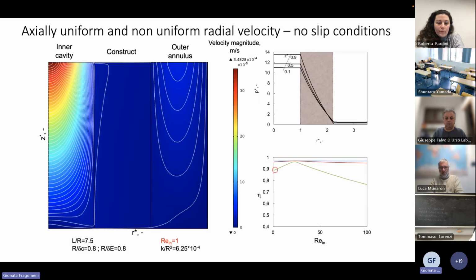And we simulate, for example, the velocity for different Reynolds numbers at the input.